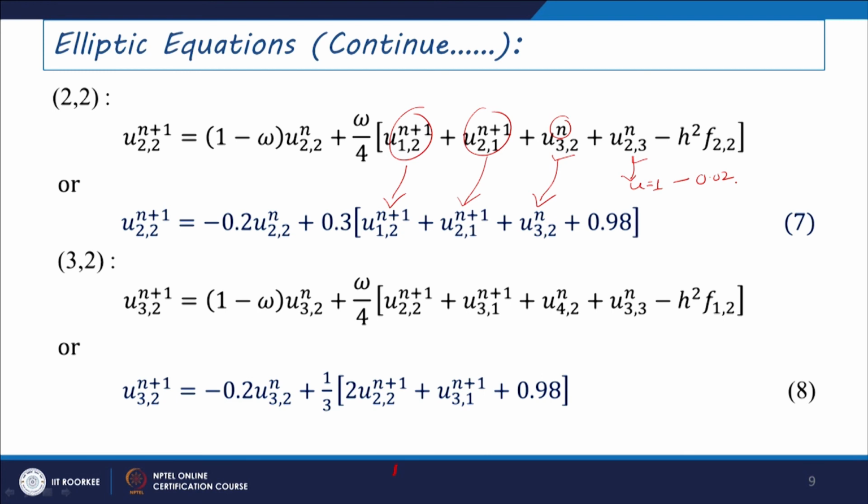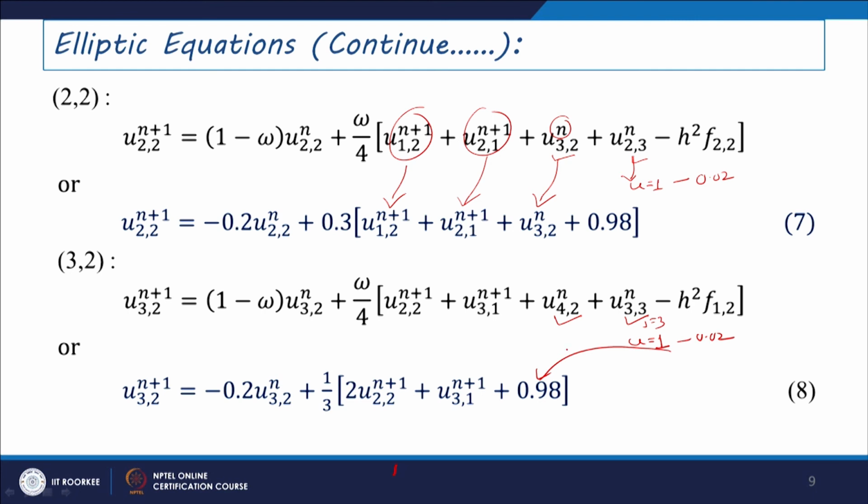And similarly, if you go for u32 n plus 1 here, keeping fixed 2 for i equals to 3 here, we can obtain this value with one boundary as 4 2 here, and another boundary we can find as u33 here. So this is nothing but j equals to 3, we will have u equals to 1 minus 0.02, which takes the value 0.98 here. But this u42 can be replaced by the earlier condition, that is the central difference scheme there.